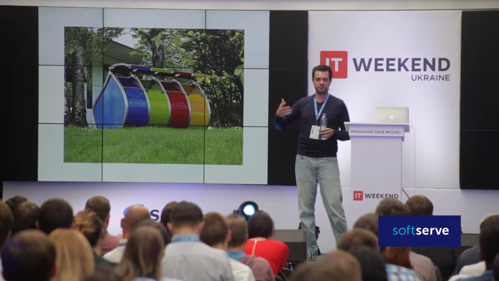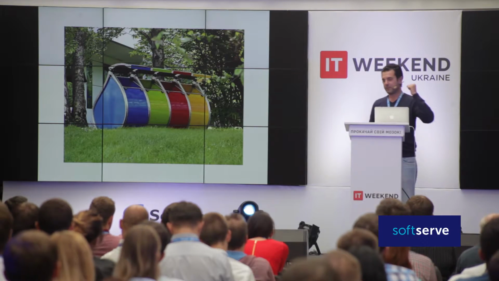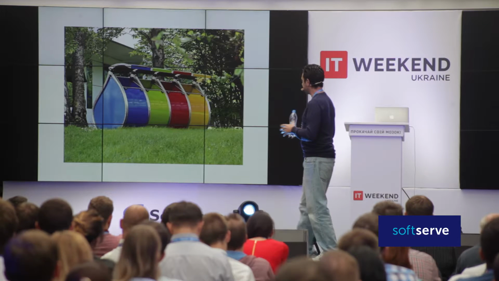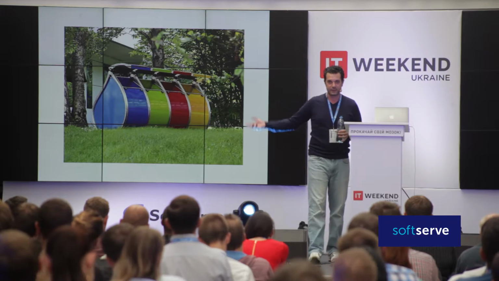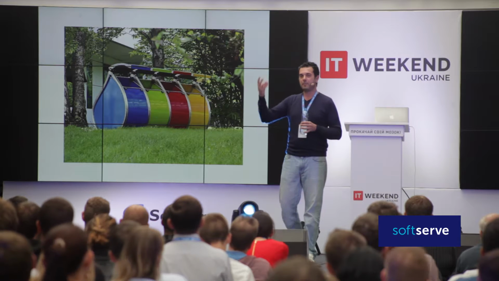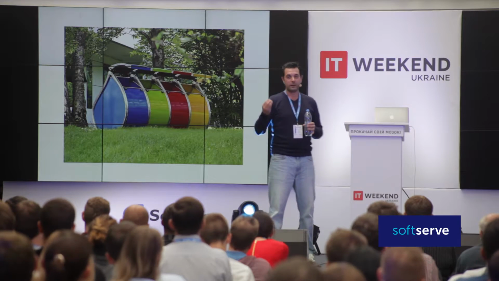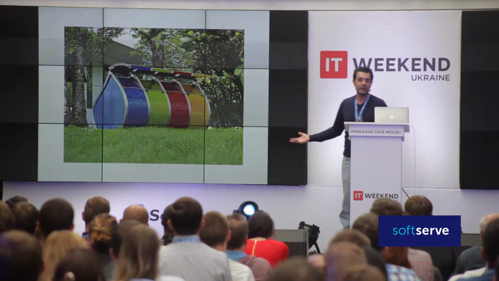So, recycle bins, cool, industrial design, very nice. If I were a mayor of a city, I would probably say yes. If I were a citizen, I have a piece of paper. Where do I put it? I have no idea.